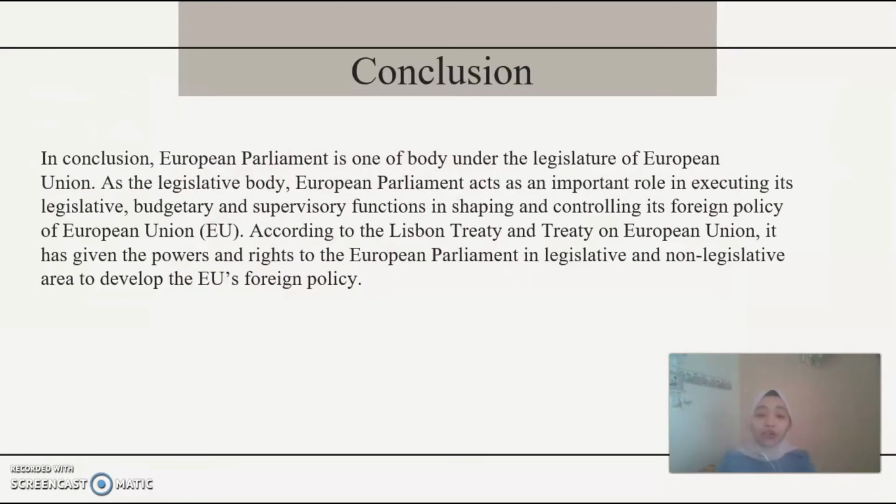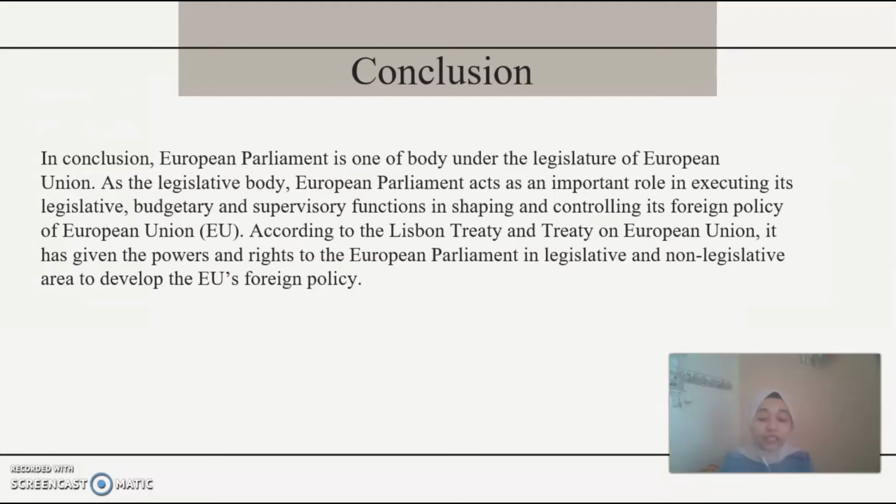So the conclusion is, we have discussed the role in general in research question 1 and explained it procedurally in research question 2, to shape and control EU foreign policy. The EP has attained some achievement, particularly relating to the improvement of environment policy as well as protecting human rights of the citizens.